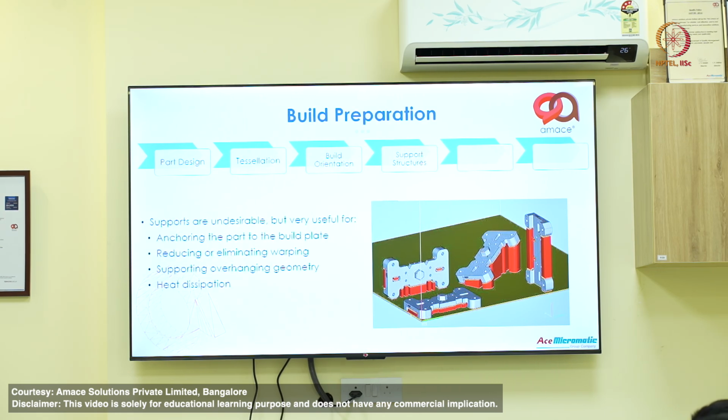There is a contact between the part and the platform, because during melting tremendous heat is generated that has to be transferred to the build plate. So these supports are useful for anchoring the part to the build plate to eliminate warping, supporting the overhang geometry, and improving heat dissipation.